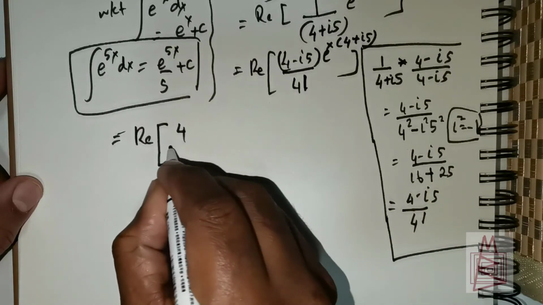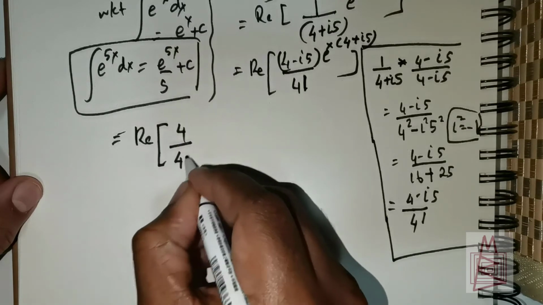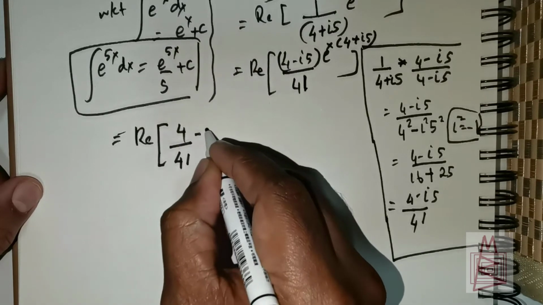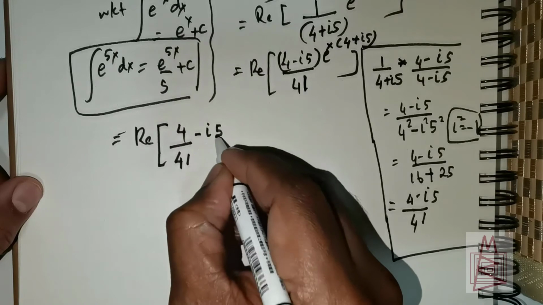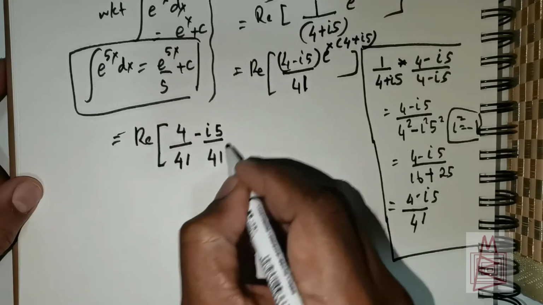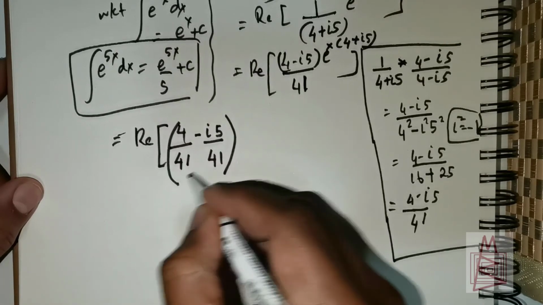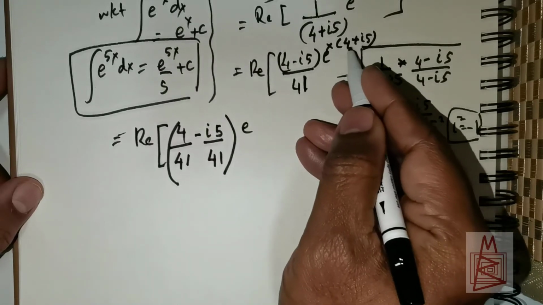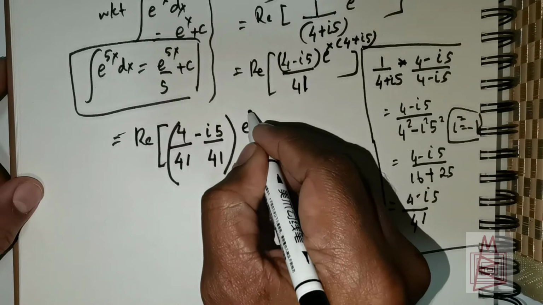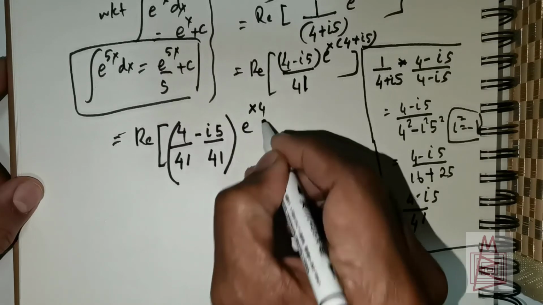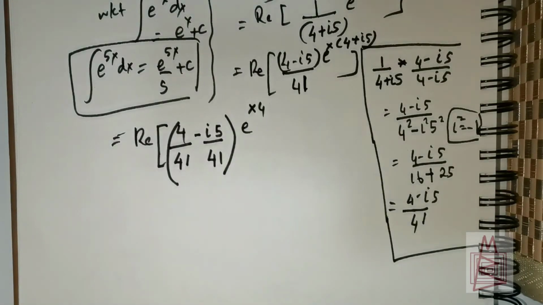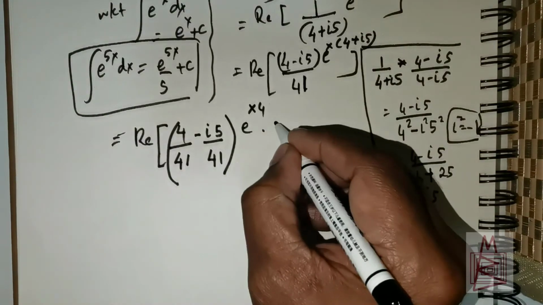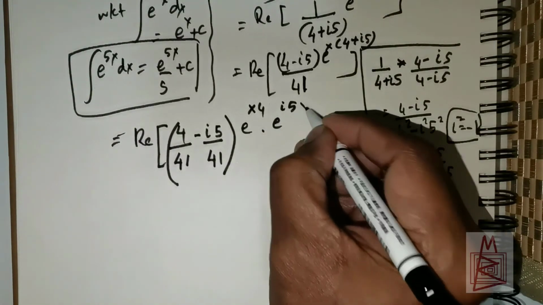What I'm going to do, I'm going to write this as 4/41 − i·5/41. Now e^(x(4+i5)) is going to be e^(4x) times e^(i5x).